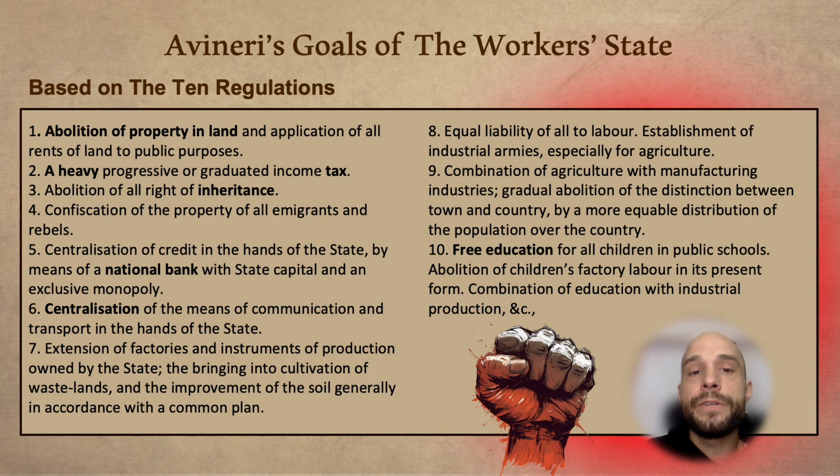Second, measures like the creation of a national bank, the centralization of credit, communication, and transportation point directly to the economic socialization of production. For Avineri, this isn't about bureaucratic control for its own sake. It's about bringing the key coordinating levers of modern society under democratic control so crises, speculation, and private command no longer dominate social life.